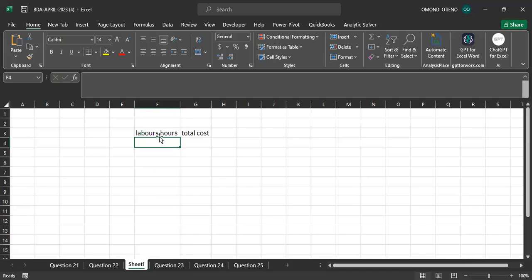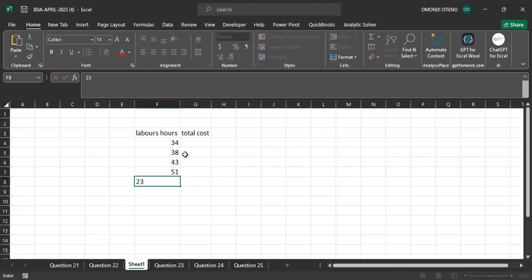Now, if you look at this data set here, I want us to come up with some information that is labor hours. Labor hours here, we can have 34. We can have 38. We can have 43. We can have 51. We can have 23. We can have 18.